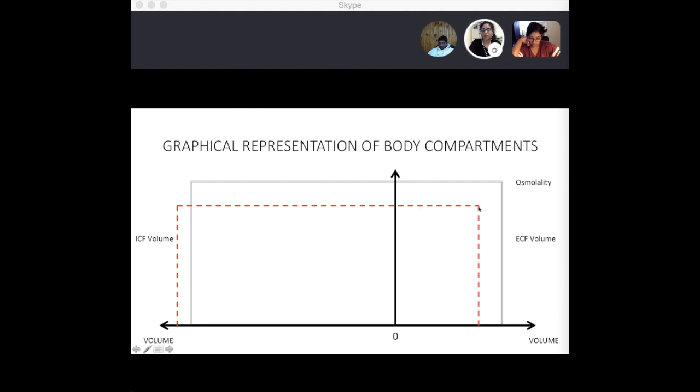So there has occurred a decrease in the extracellular volume, a decrease in the osmolality, which is the height or the y-axis, and then an increase in the intracellular. Does that make sense?